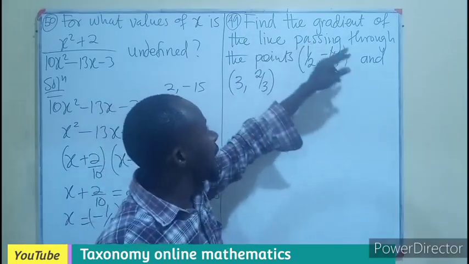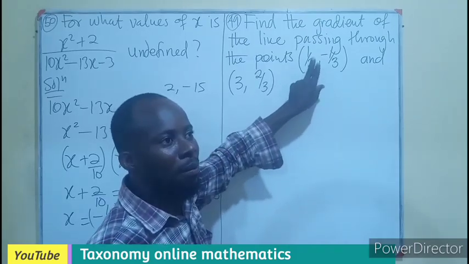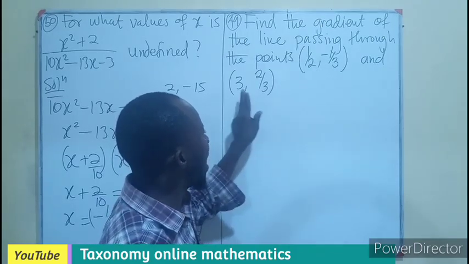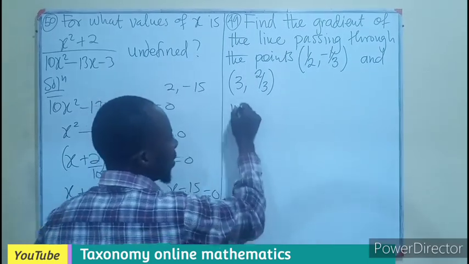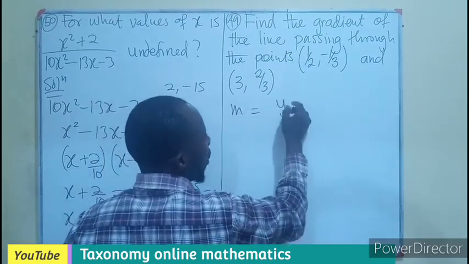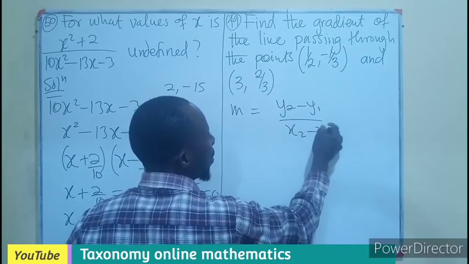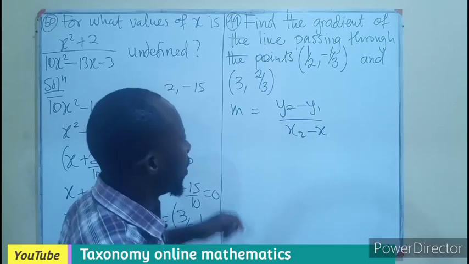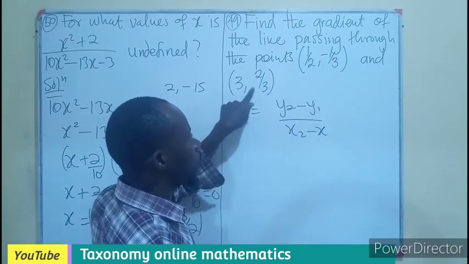Question 49, we are taking it from the bottom upward. Find the gradient of the line that passes through the points (1/2, minus 1/3) and (3, 2/3). Gradient is given by change in the y-axis over change in the x-axis. This is my x1, y1, x2, y2.